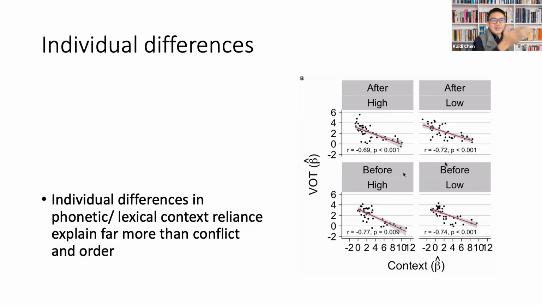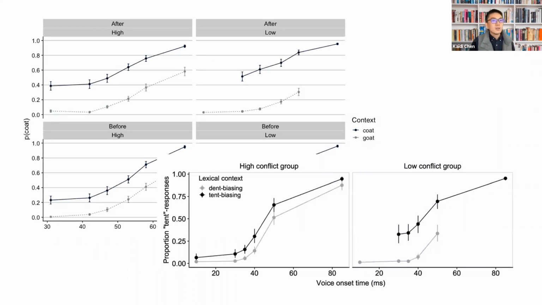As we see here again, the trading relationship is clear, and that individual difference in this phonetic and lexical context reliance or weighting actually explained far more in this data set than we could possibly attribute it to conflict and order.